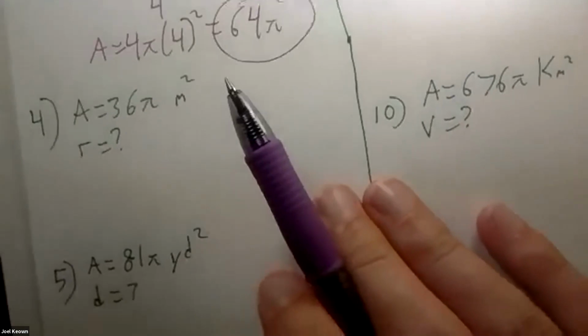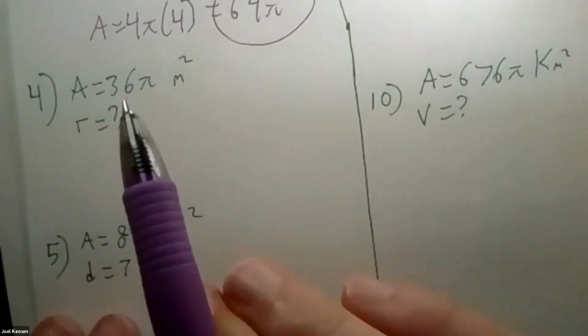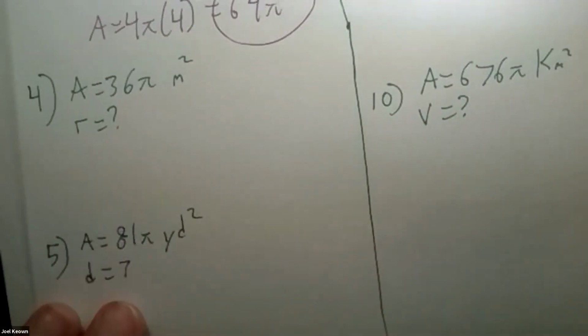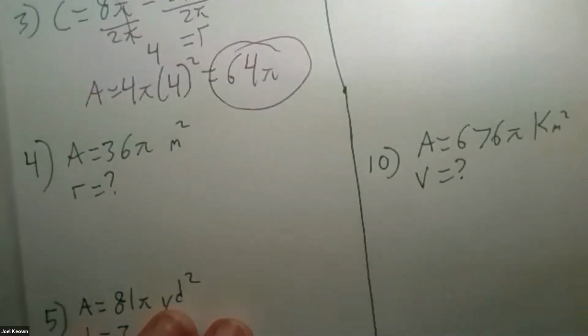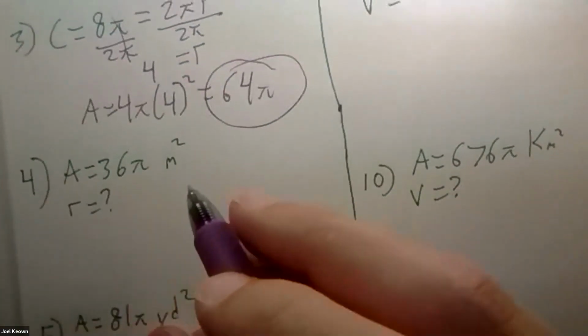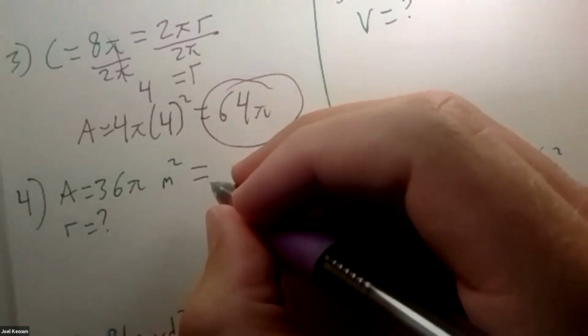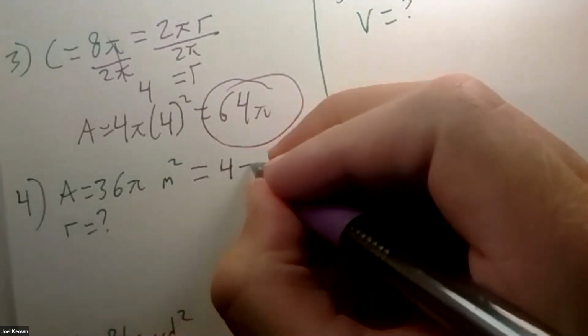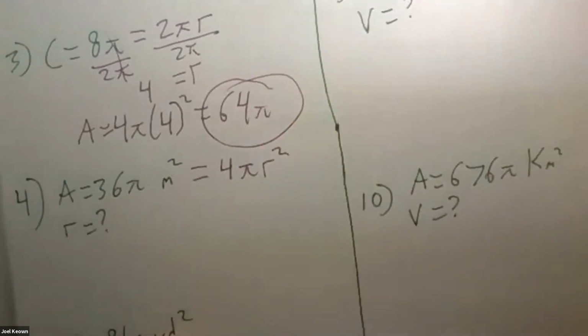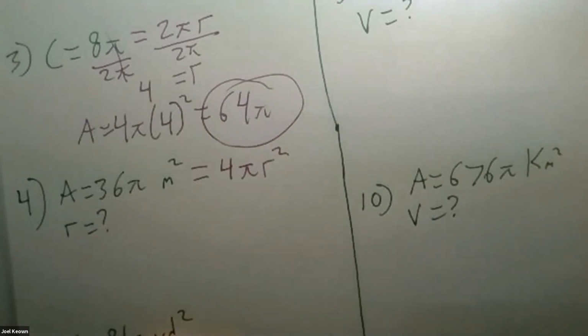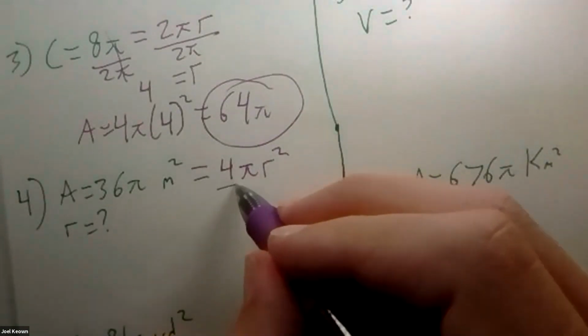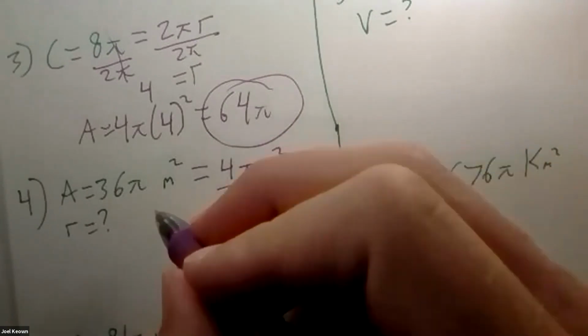Number 4 says, well, what if they give me the area and then ask me for the radius? Well, can I go backwards? We can't. So they say this is the area. Well, again, my area formula is 4 pi r squared. So what I'm going to start off by doing is just divide by 4 pi.